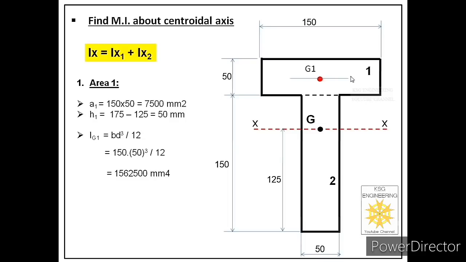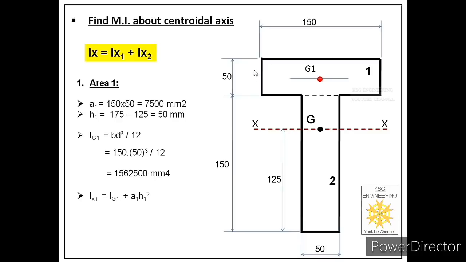And we know its moment of inertia about its own centroidal axis. So we can make use of these three to find the moment of inertia of area 1 about the main axis by the parallel axis theorem. So let us use the parallel axis theorem now. What is Ix1?